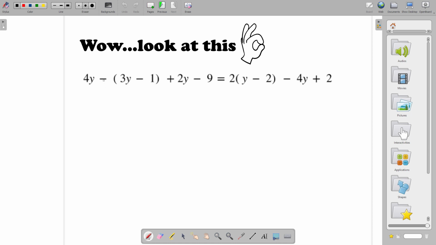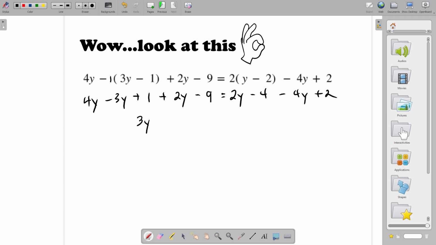I'm going to first of all distribute a -1 over each term in the parentheses, so I get 4y minus 3y plus 1, -1 times -1, plus 2y minus 9 equals, distribute the 2 over each term inside the parentheses, I get 2y minus 4 minus 4y plus 2. Combine my like terms, 4y minus 3y is y, plus 2y is 3y.